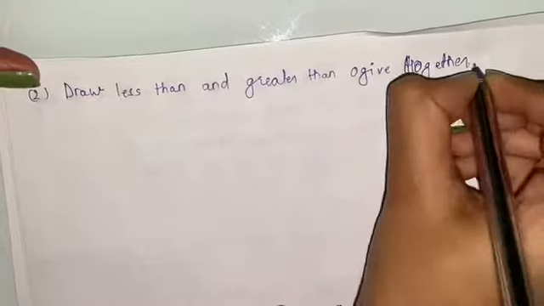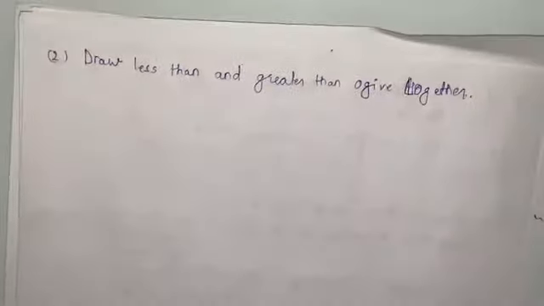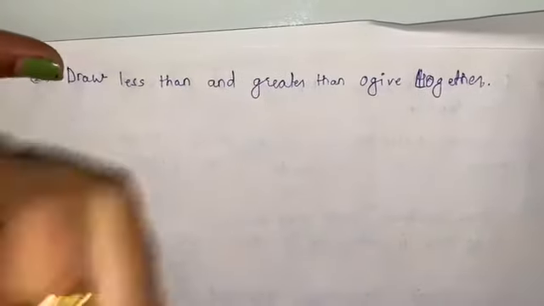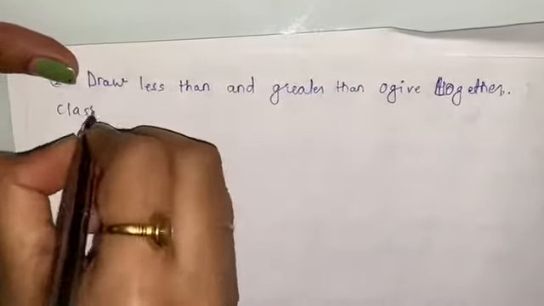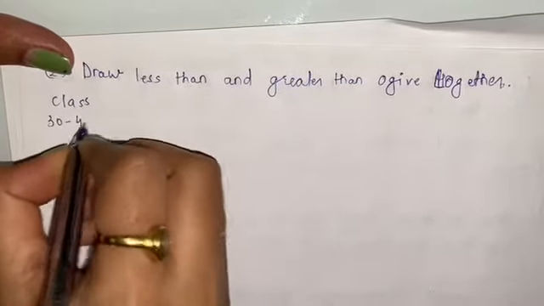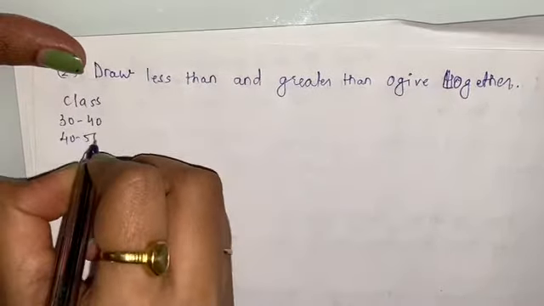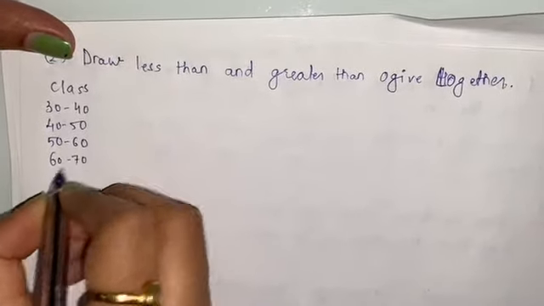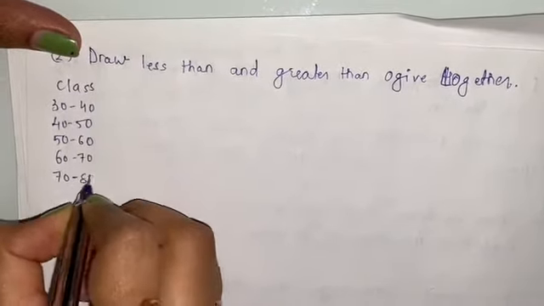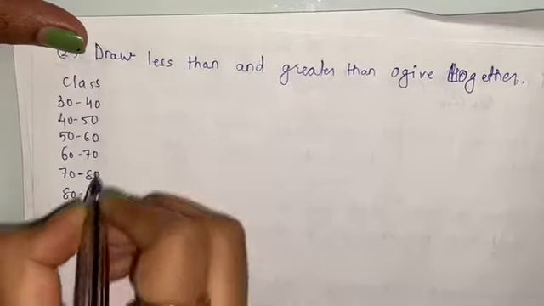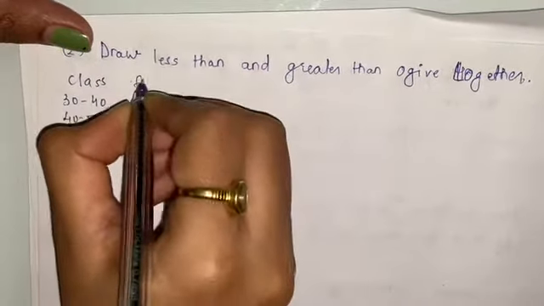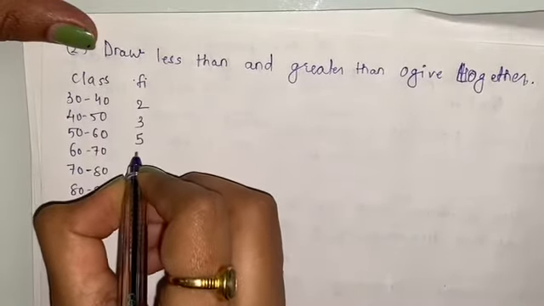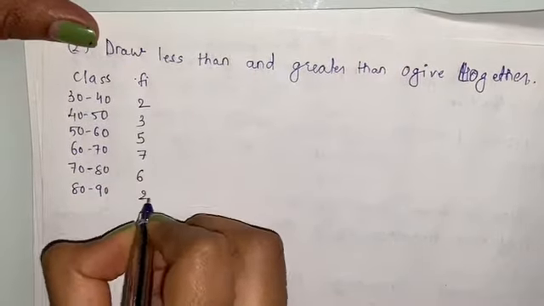Okay, you have to draw this together in one graph only. So how will you draw? The classes given are 30 to 40, 40 to 50, 50 to 60, 60 to 70, 70 to 80 and 80 to 90. Now the frequencies given are 2, 3, 5, 7, 6 and 2.